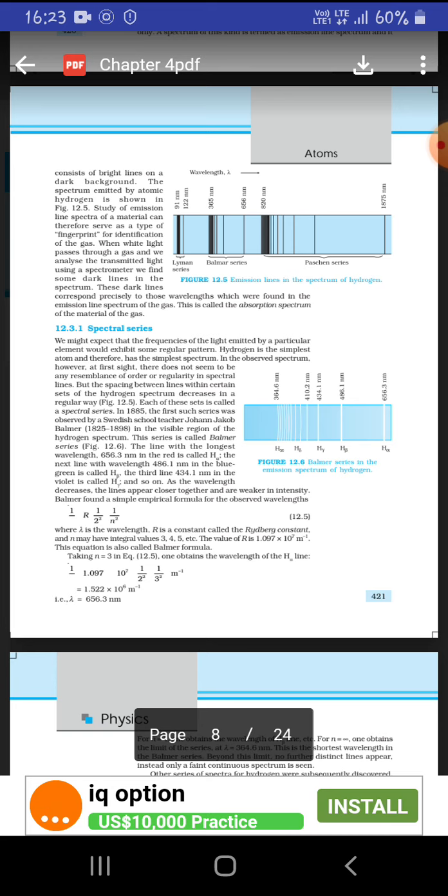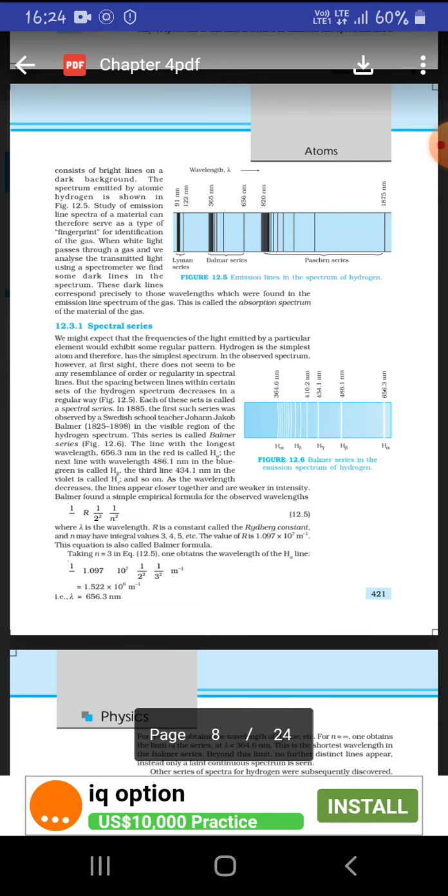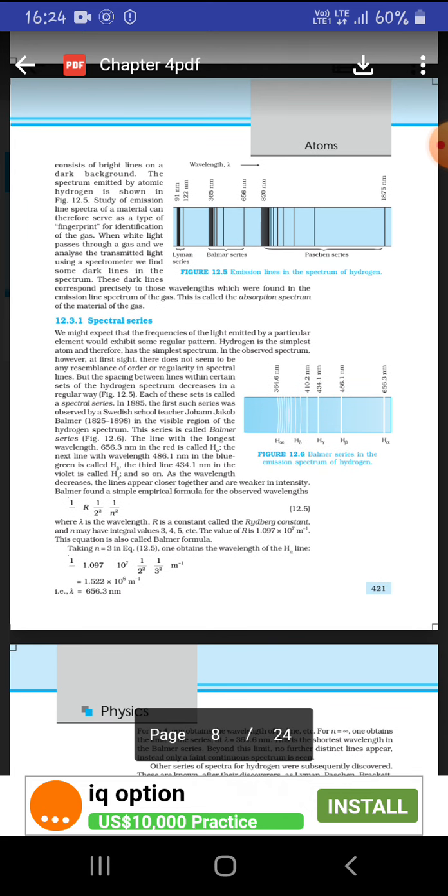What does spectral series mean here? See here, the Balmer series in the emission spectrum of hydrogen. Let's take an example of Balmer. Hydrogen is the simplest atom, but at first sight there does not seem to be any regular order in the spectral lines. Johann Jakob Balmer found a series in the visible region of the hydrogen spectrum, so this series is called the Balmer series of the hydrogen spectrum.